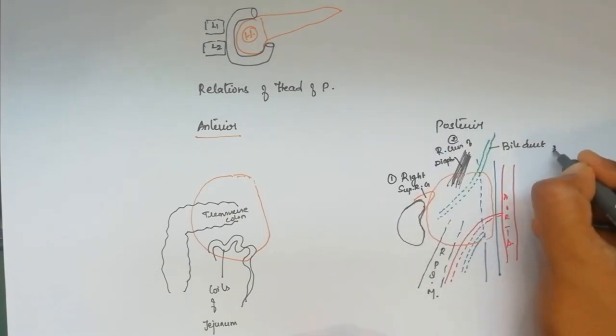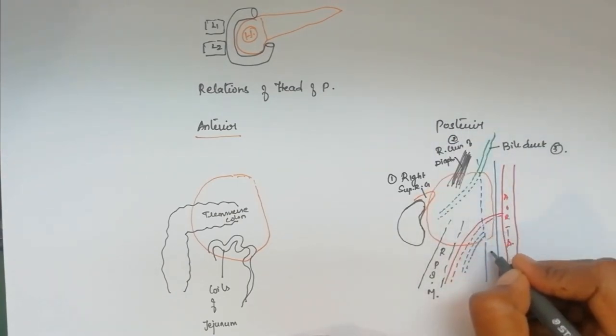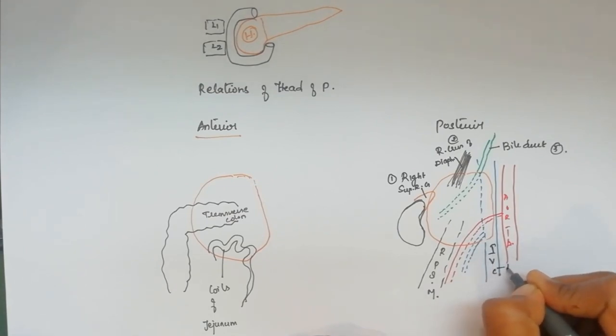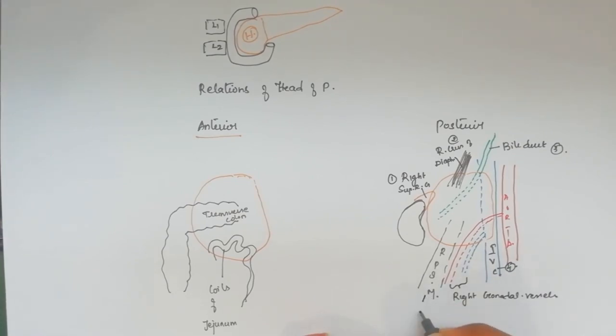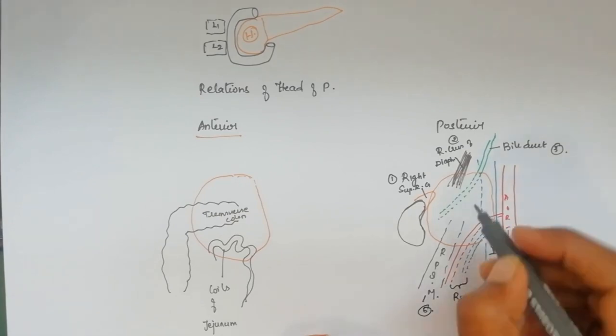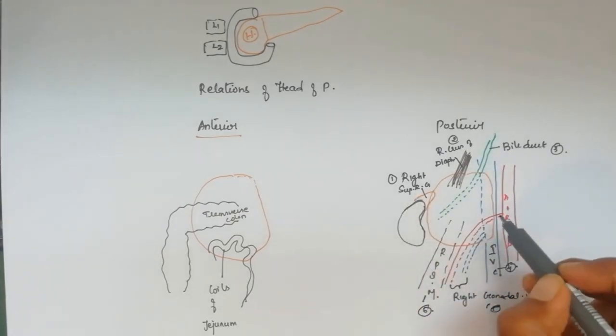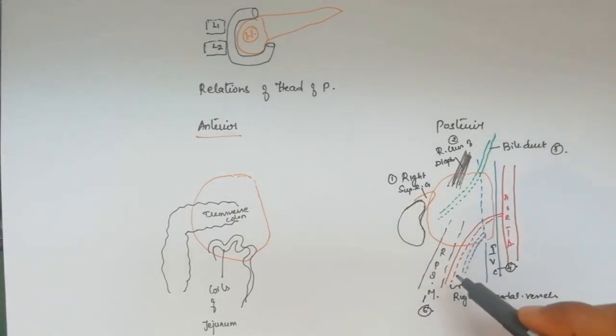So second, and this is third, and then we have the inferior vena cava, which is the fourth relation, and then we have the right gonadal vessels and right psoas major. So this is fifth and this is sixth. So these are the relations seen in the posterior aspect of the head of pancreas.